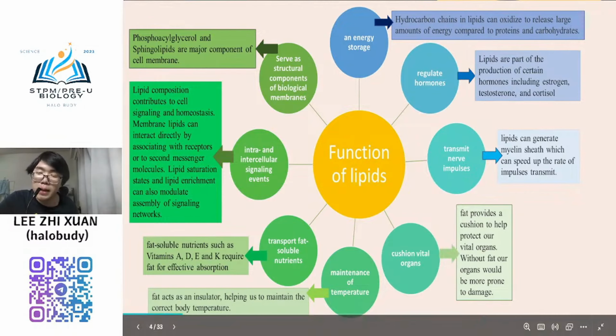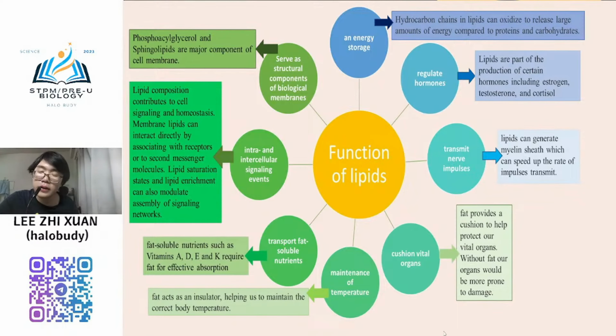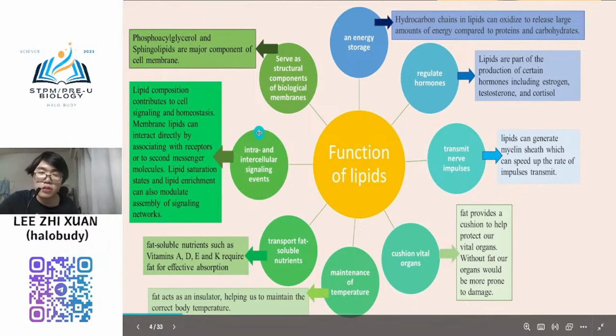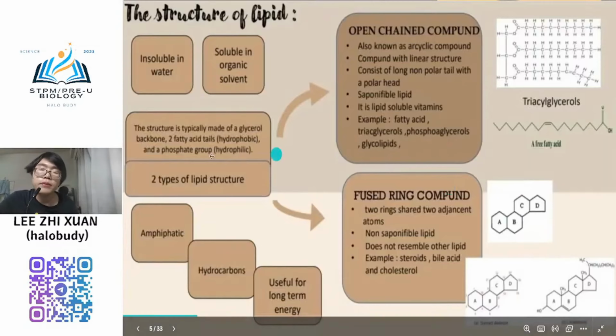You know that the major component of the plasma membrane is phospholipid. The term already mentions it: phospholipid already has lipid in it, so the major component is lipid. Later we will see the structure of the phospholipid too.